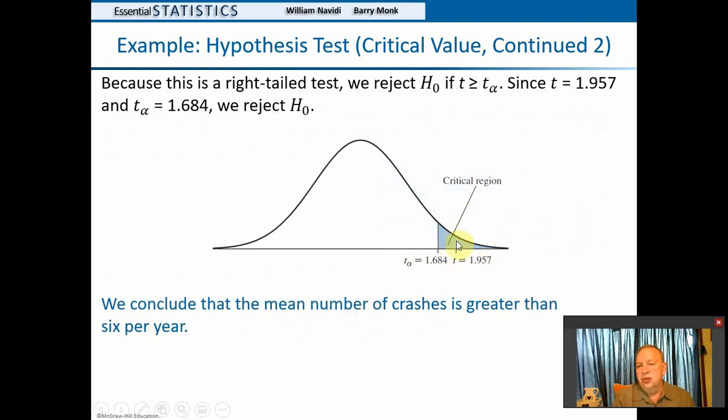This is the rejection region; if the test statistic shows up there we reject. Here is the fail to reject region. In this case, we would reject H0. So we conclude that the mean number of crashes is greater than 6 per year. We reject the possibility that it is less than or equal to 6 based on our sampling.